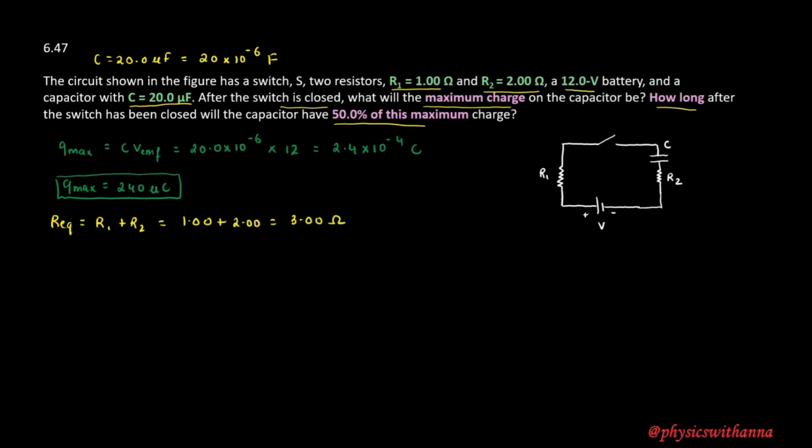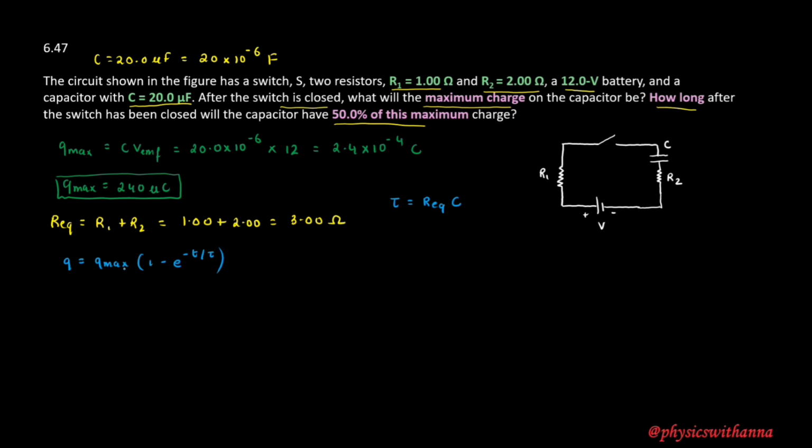After finding the equivalent resistance, now I'm going to use the rule for charge on a capacitor at any given instant in time. We know that Q is equal to Q max times 1 minus e to the power negative t over tau, where tau is the time constant, which here in our expression will be given as R equivalent times C. We want Q to be 50% of the maximum charge.